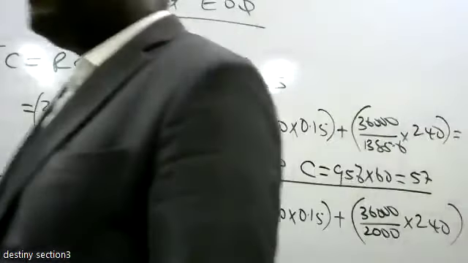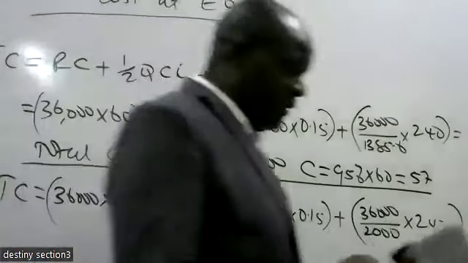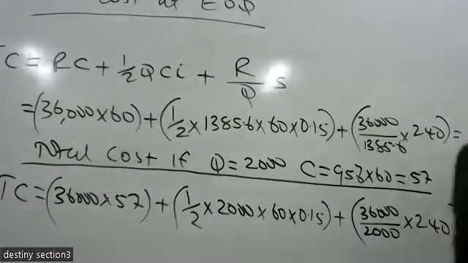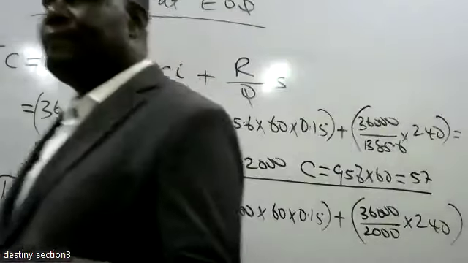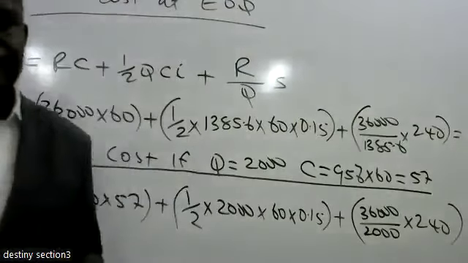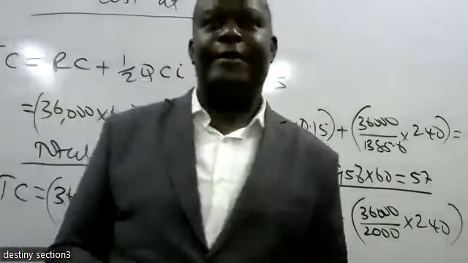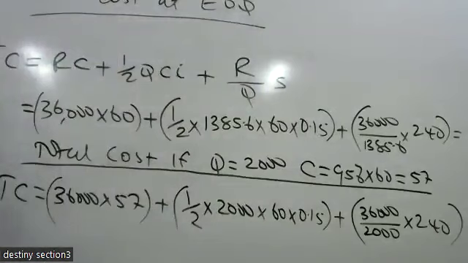So can we get that difference? Get the difference between the total costs to get that savings. How much is our savings? 107.